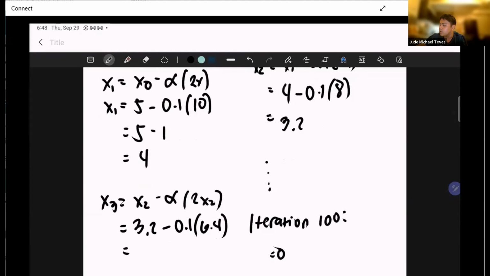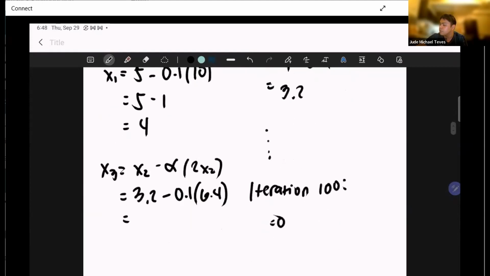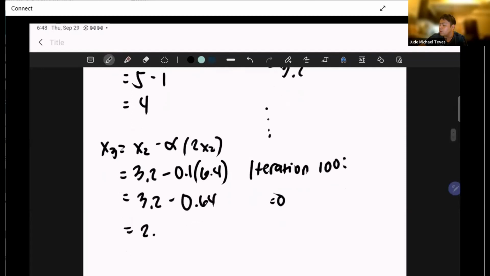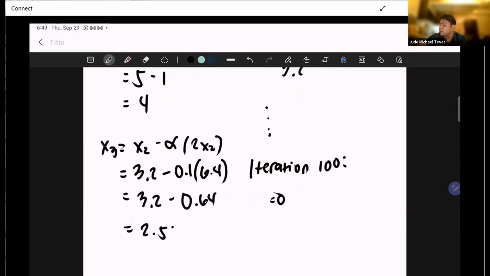What's that? 3.2, 0.64. It's going to be the value of this. It's not 0.8 every time. It changes.